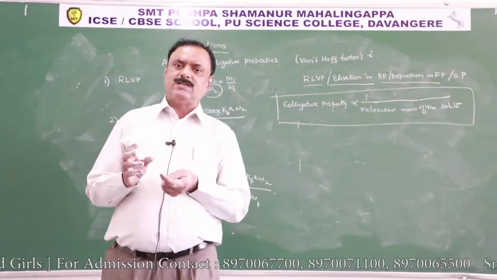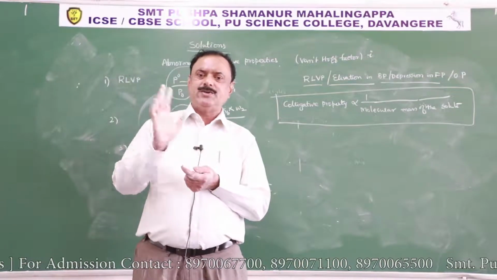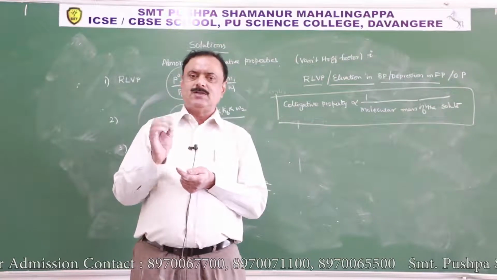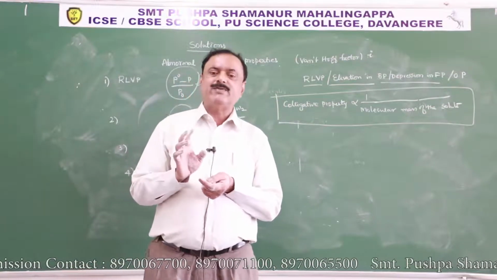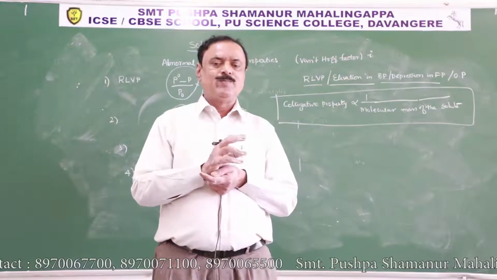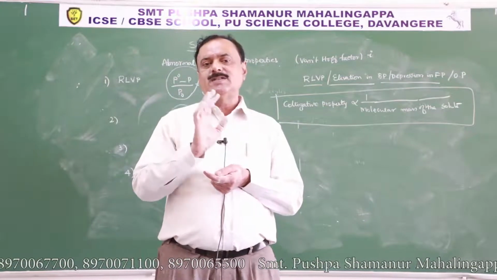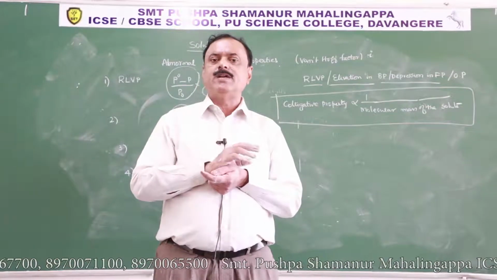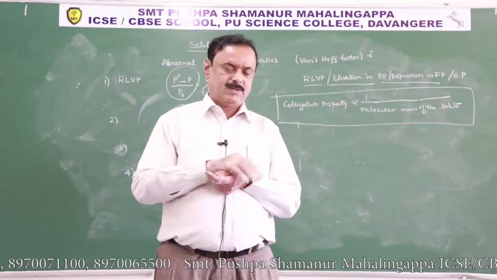In case of molecules like urea or sucrose or glucose, molecules which do not undergo ionization in aqueous medium or a suitable solvent, the theoretical colligative property and the observed colligative property are equal.